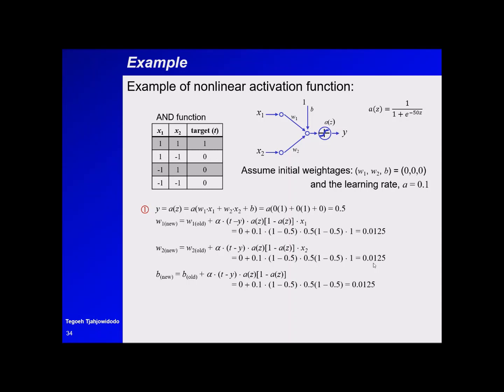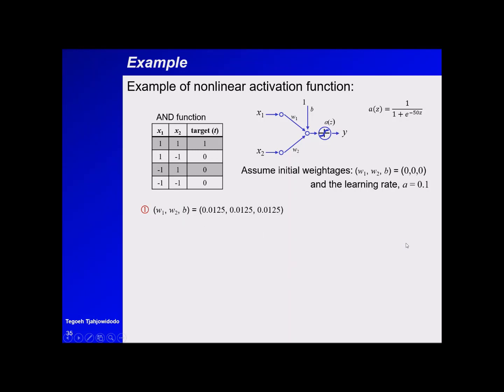I still see an error here, right? The target is 1, the output is 0.5. So I update it again using the second iteration, but now my current weightages are 0.0125, 0.0125, and 0.0125. And then I use the same technique again, but with the second data set, 1, minus 1, 0.